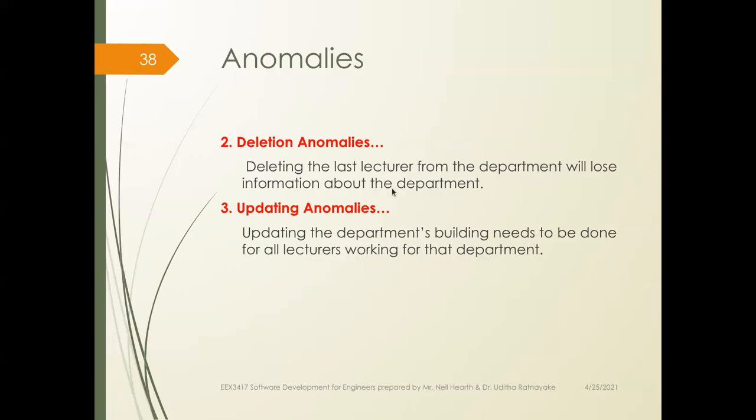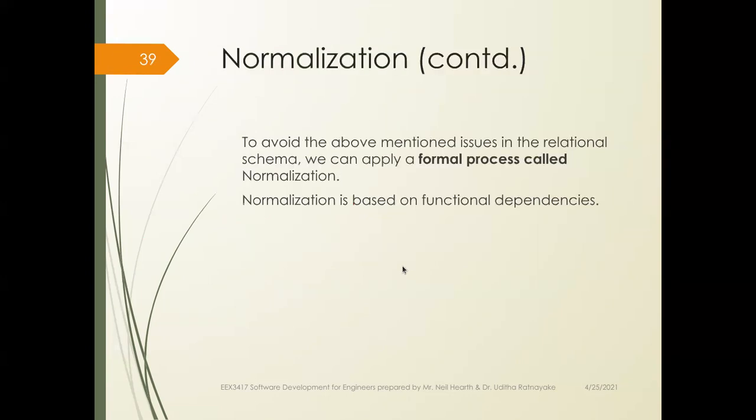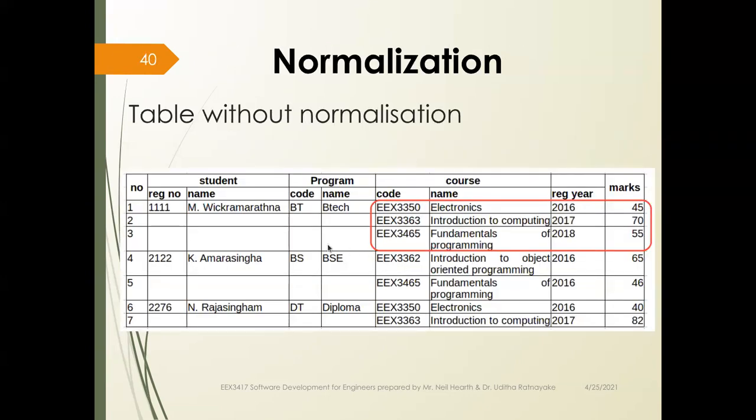It is very difficult to delete, because when we delete one row, we have to delete all the data, and when updating also. Now I will explain by this example. Here you can see student, program, course.